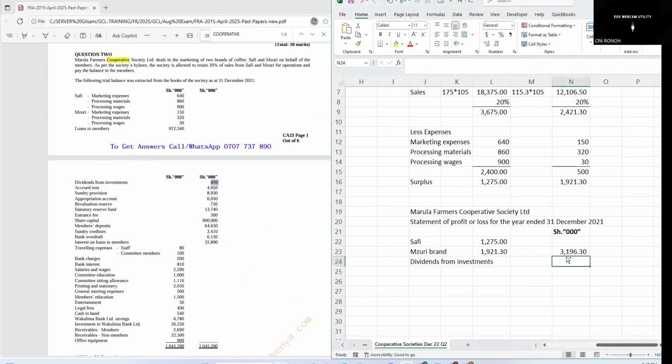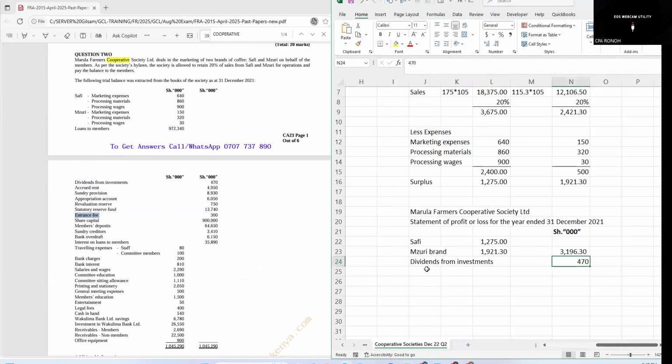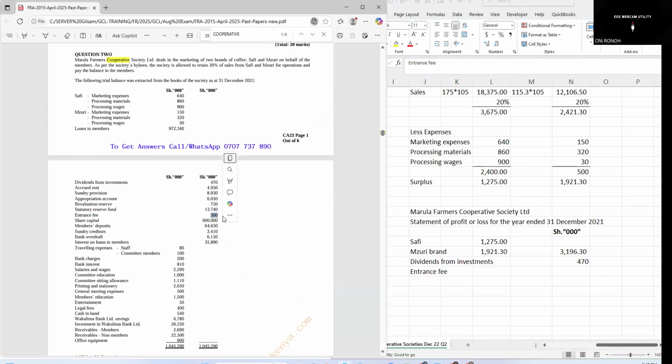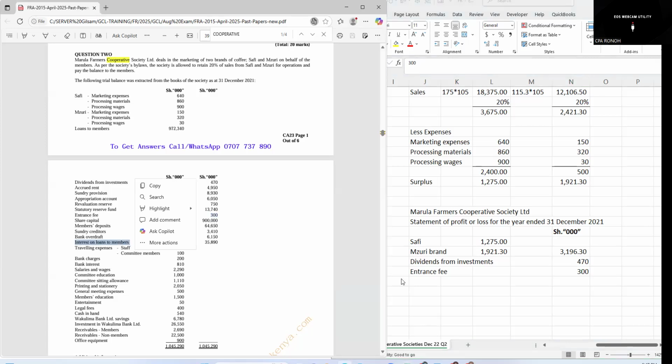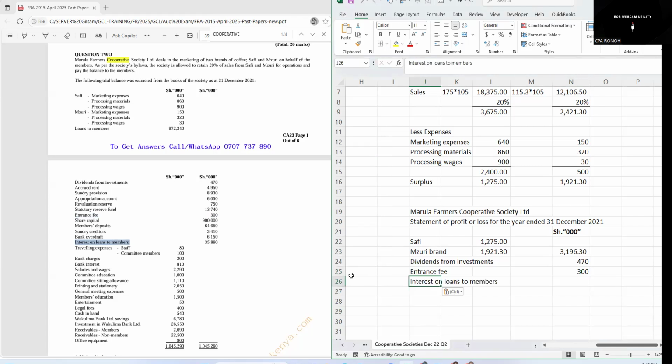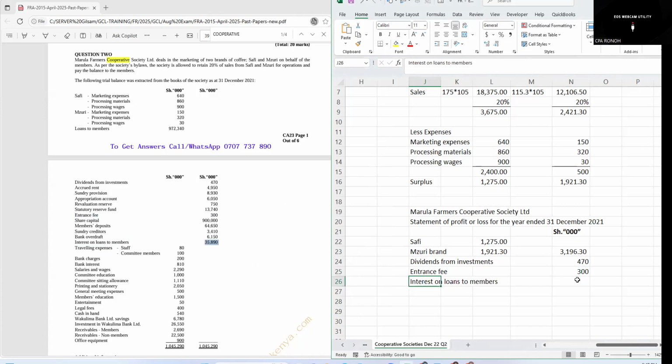Entrance fee, maybe they are charging entrance fee, it's also an income of 300. Interest on loans to members of 35,890, that is also an income.